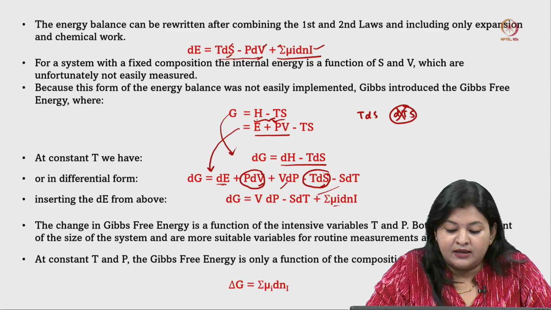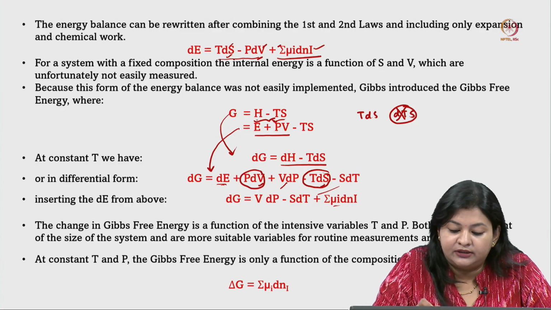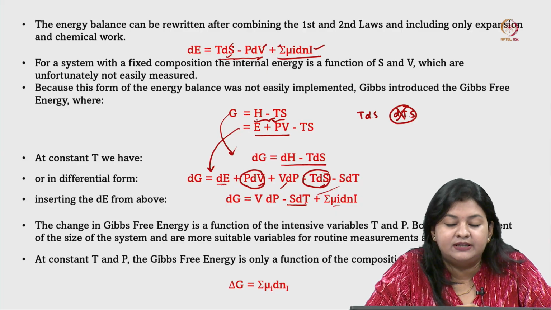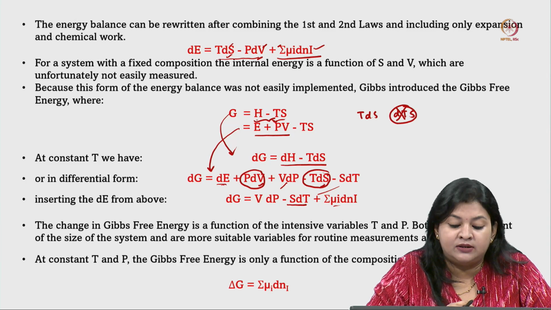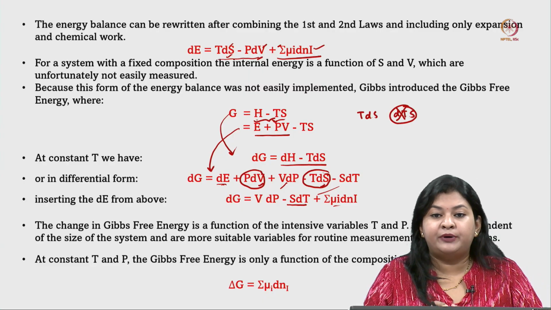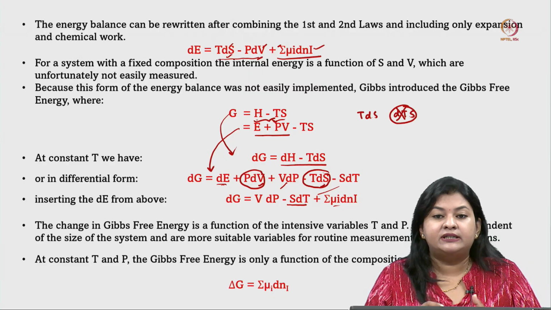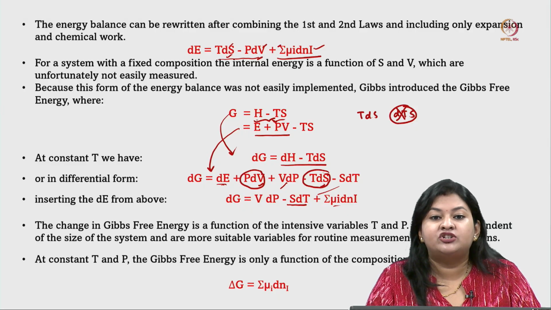Now, as I said, if we keep our temperature constant, then this term also becomes 0. Therefore, at a particular temperature and pressure, whatever is changing, we can easily measure it.